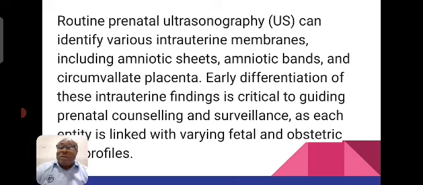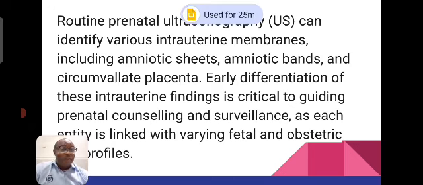Routine prenatal ultrasonography can identify various intrauterine membranes, including amniotic sheaths, amniotic bands, circumvallate placenta. Early differentiation of these intrauterine findings is critical to guiding prenatal counseling and surveillance, as each entity is linked with varying fetal and obstetric profile.